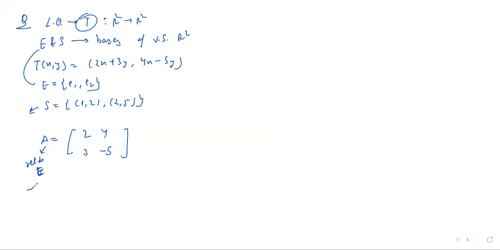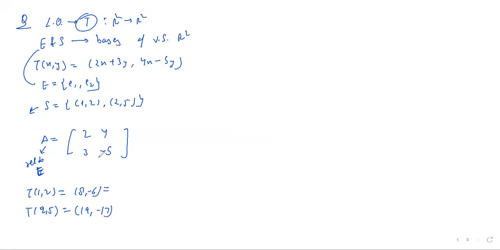T of 1 comma 2 is equal to 8 minus 6, and T of 2 comma 5 would be 19 and minus 17.